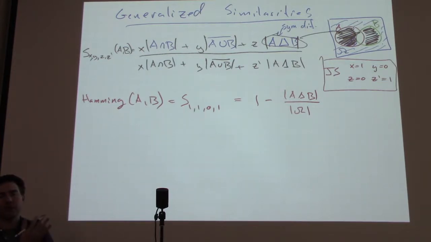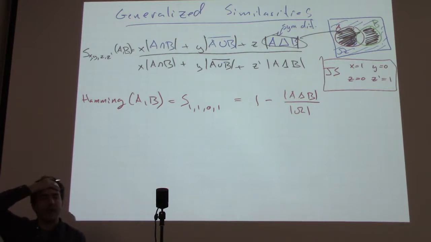You can represent a set as a bit vector over all the possible elements: if object 7 is in the set, then the 7th bit is 1, otherwise it's 0. The Hamming similarity is the fraction of bits which match in these bit vectors. If you work through these numbers, you can see that you recover this. Hopefully you've heard of the Hamming distance before; the Hamming similarity is 1 minus the Hamming distance.